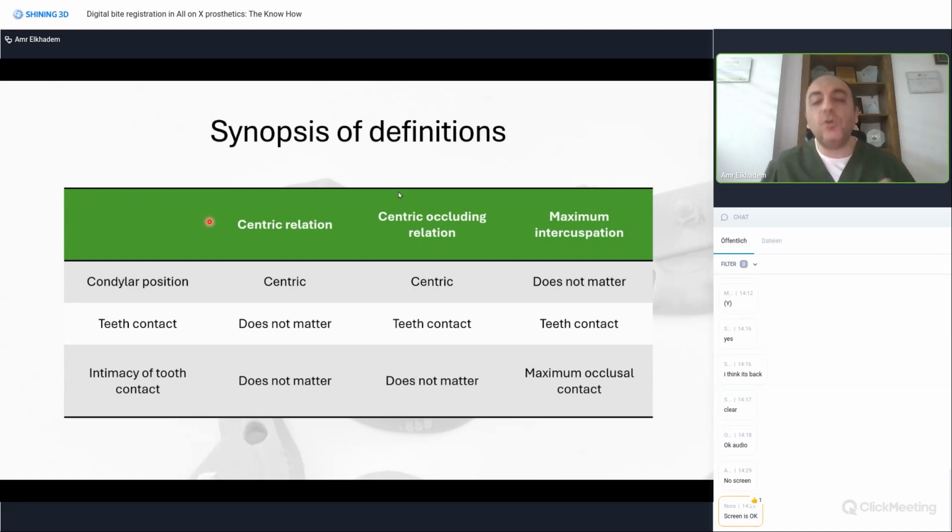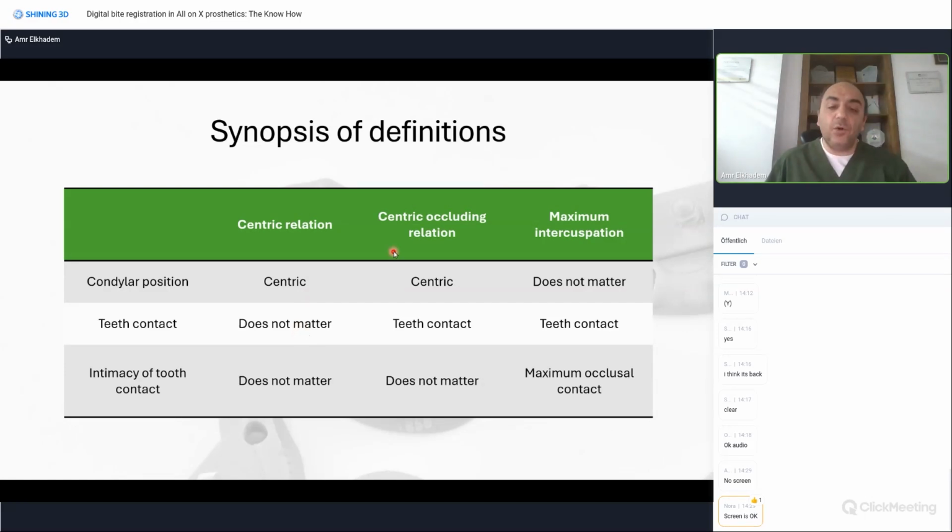So in brief here, before going to the real part of the seminar today, I was just revising some concepts for the guys: there is a difference between centric occluding relation and maximum intercuspation. The centric relation is a jaw relation because it lacks the third dimension, which is the vertical dimension. So the condyle has to be in the anterosuperior position, and the teeth might be contacting or not.